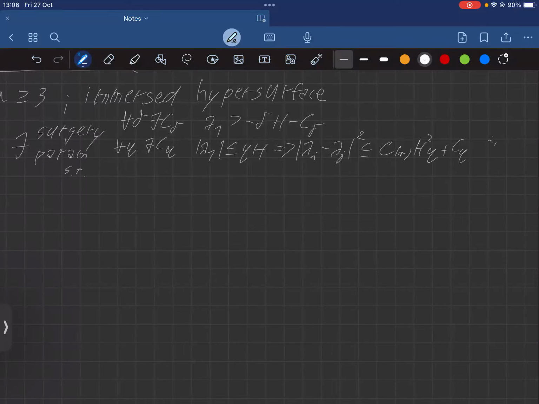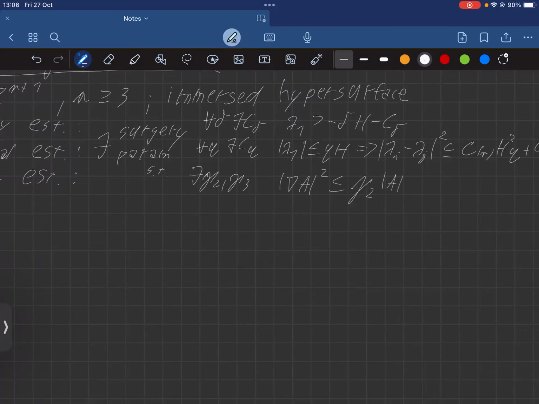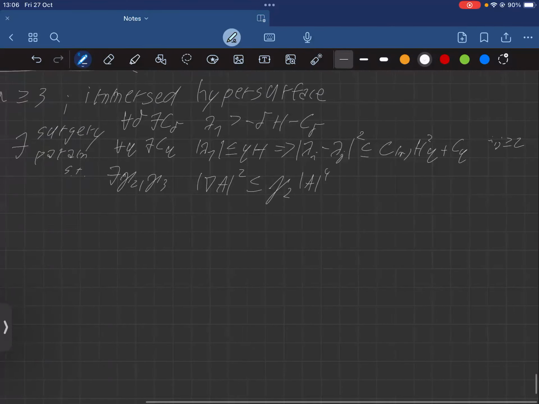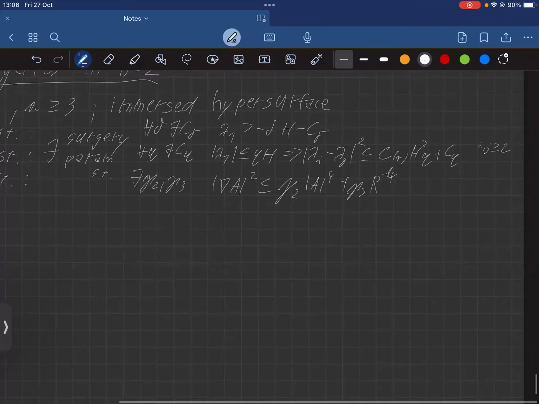This is for i, j greater than or equal to 2. And the gradient estimate just says that there exist, let's say, gamma 2, gamma 3, such that the gradient of the second fundamental form is bounded from above by gamma 2 times the second fundamental form to the power 4, plus gamma 3. And this r to the negative 4 is just some scaling constant. It's not really important.